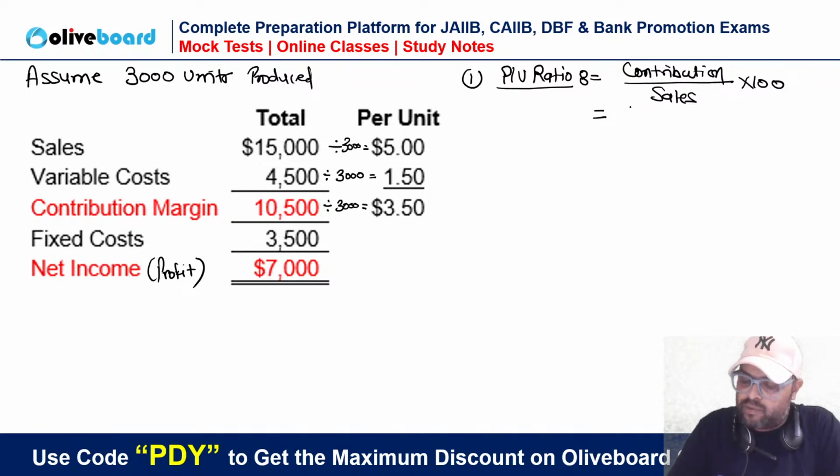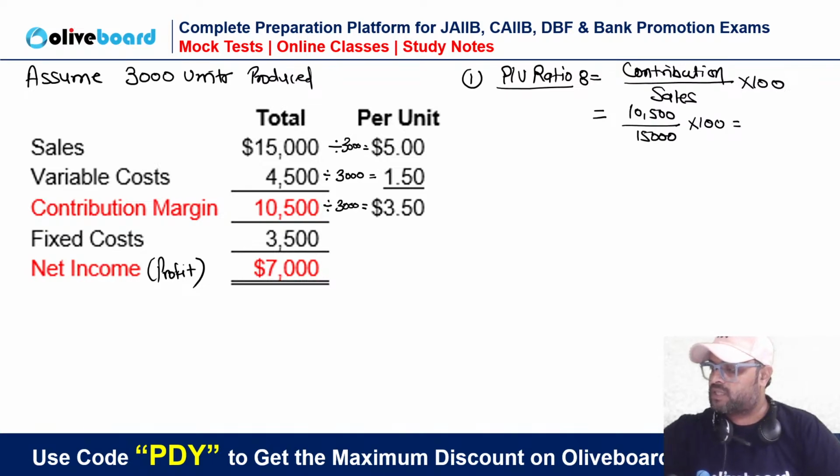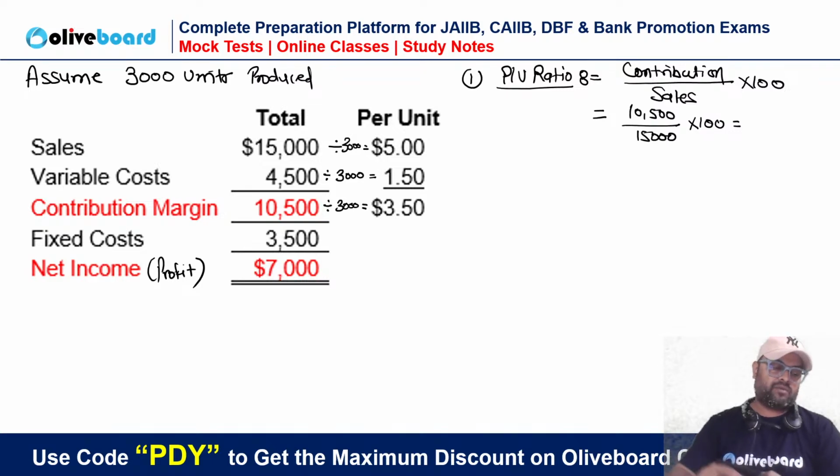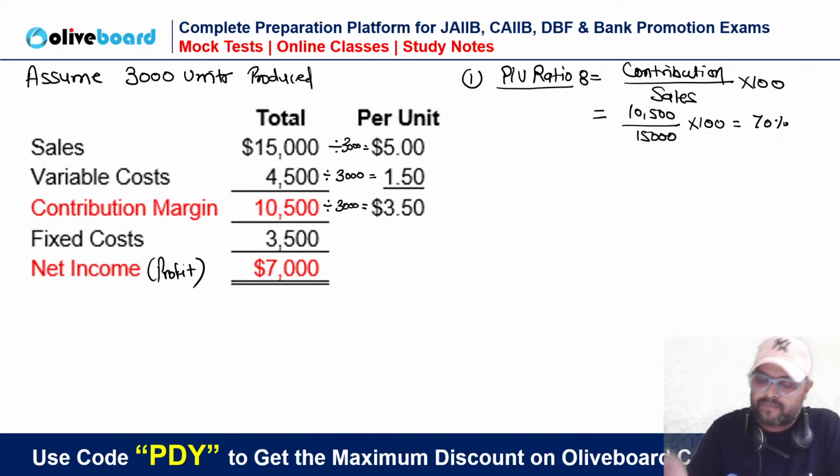Your contribution is 10,500 divided by sales, that is 15,000, multiplied by 100. You know that your calculator is allowed in your exam. 10,500 divided by 15,000 brings the profit volume ratio of 70%.